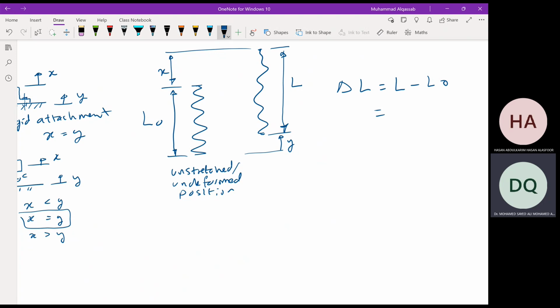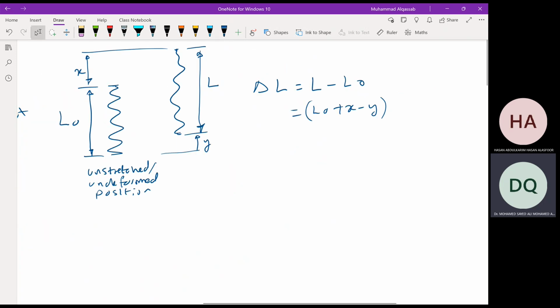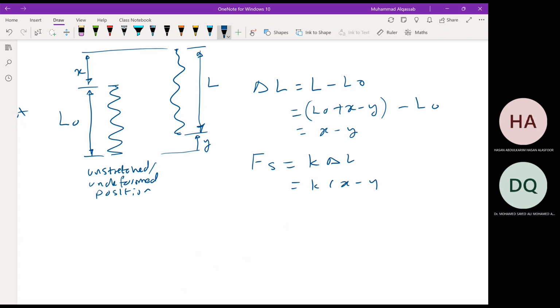The total length L is going to be L0 plus X minus Y. Right? This is L. You compare the two figures, and you will see that delta L is equal to L0 plus X minus Y minus L0. So as a result, you will get X minus Y. That is delta L, and the spring force is K times delta L. This is Hooke's law, so it is K times (X minus Y).